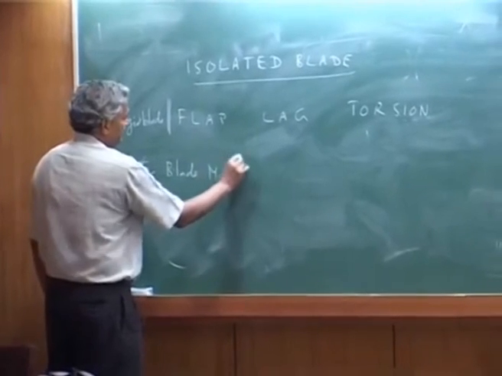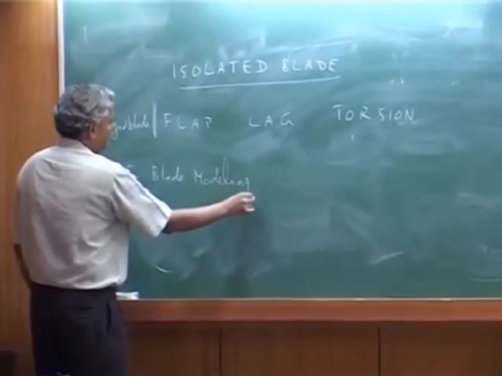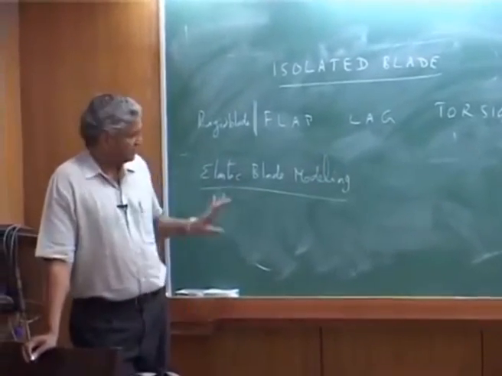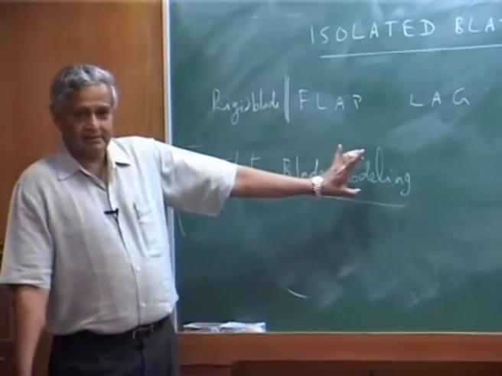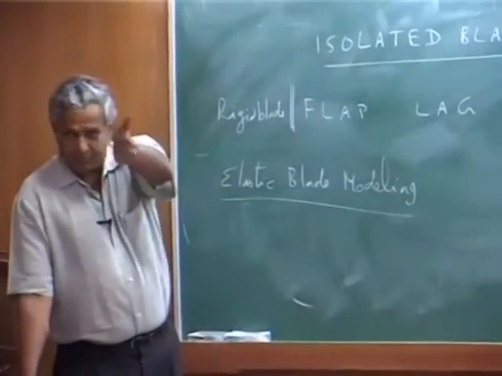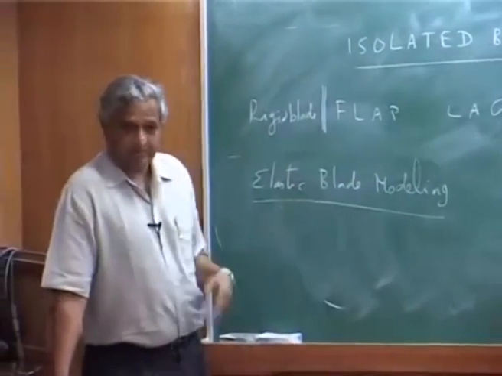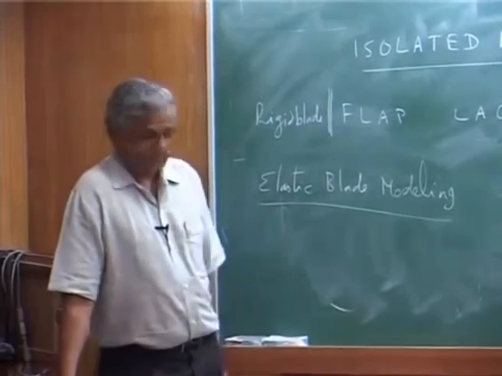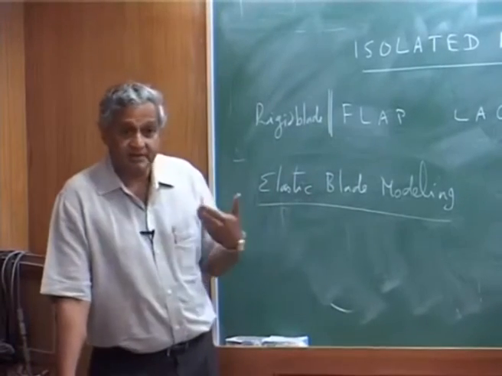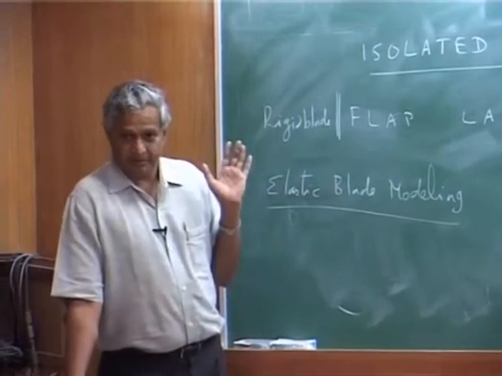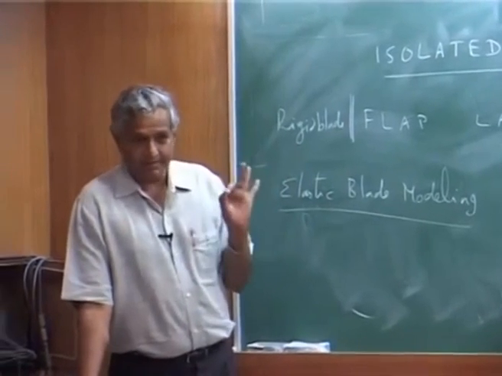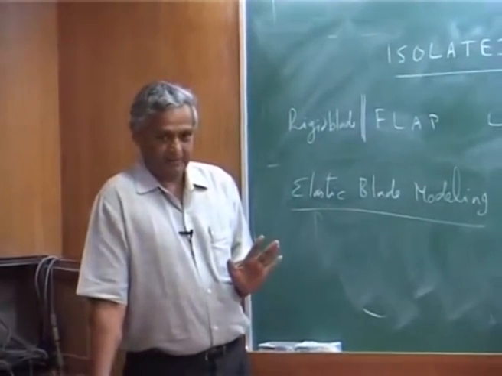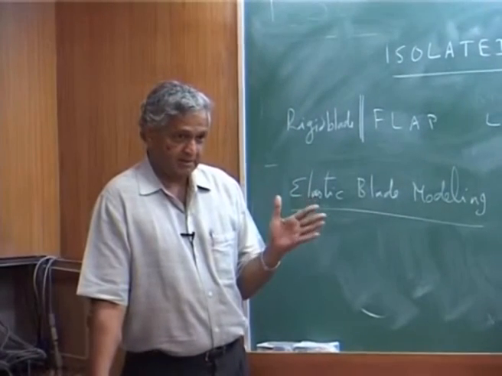How do you model an elastic blade? Whatever you learn, we will give. This by itself is a separate study: modeling an elastic rotor blade, with all complexities. Please understand.